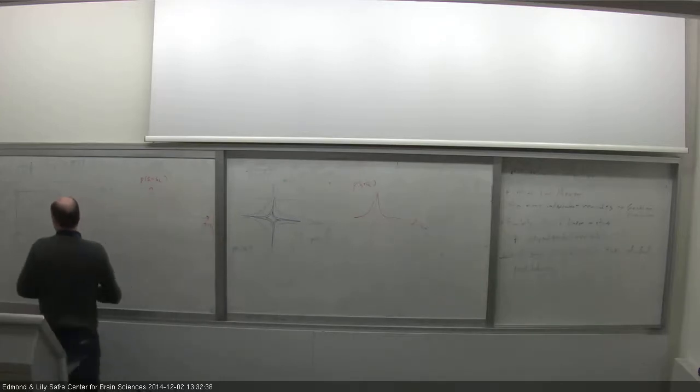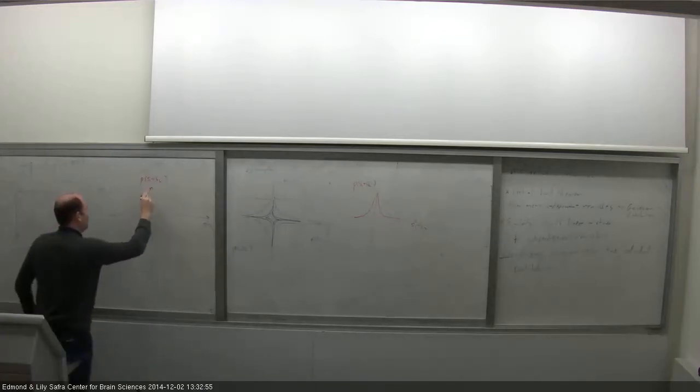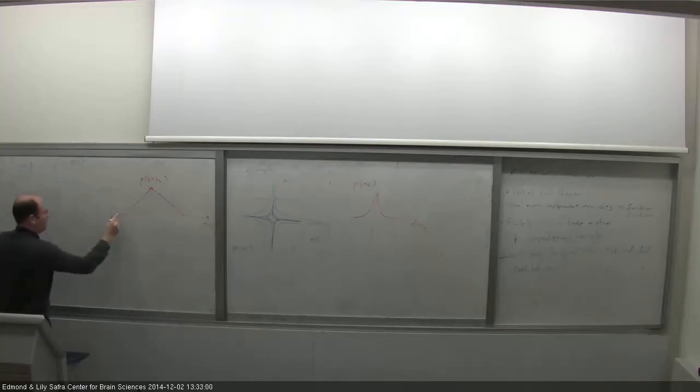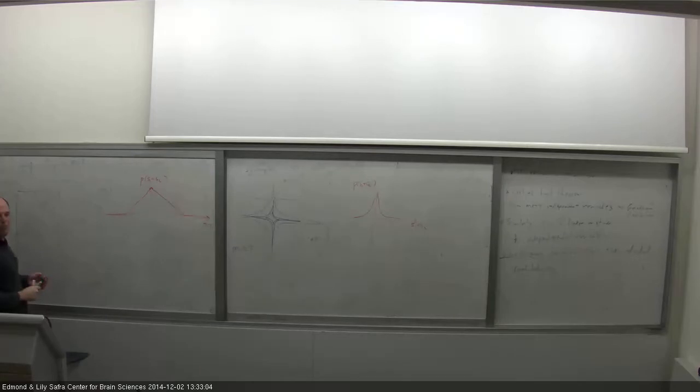If S1 plus S2 is 0, I will get contribution from all these points along the diagonal, right? But if S1 plus S2 is larger or smaller, I'll get a contribution from a smaller number of points, right? So it will end up looking precisely like this. This will be the probability distribution of S1 plus S2. And in a very crude manner, you can say that this looks more like a Gaussian than this, right?